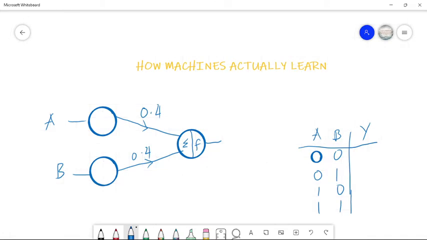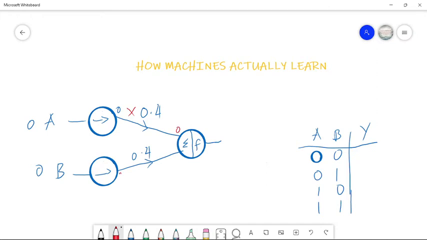So let's assume that A and B, like we can see here, are binary inputs. So when A is 0 and B is 0, the job of the input neuron is simply to pass through the input. This input of 0 on the A branch is multiplied by the weight of 0.4, and the result that arrives here is 0.